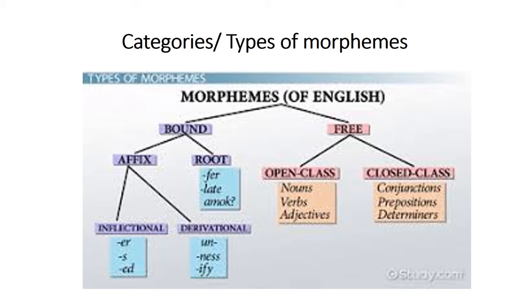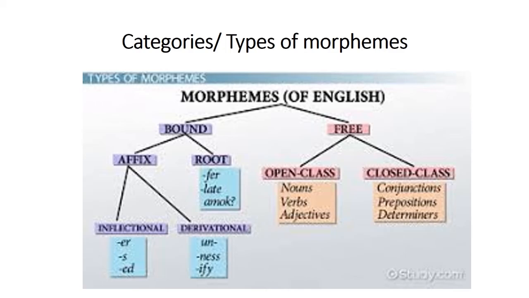However, a derivational morpheme can change the grammatical category of a word. The verb teach becomes the noun teacher when we add er. So the suffix er in modern English can be an inflectional morpheme or a derivational one.